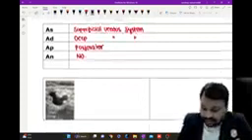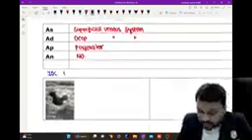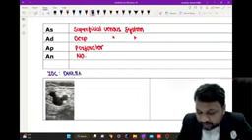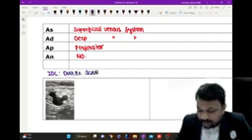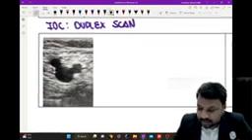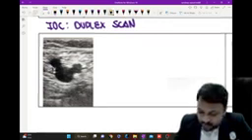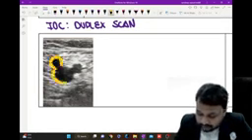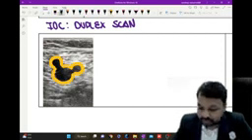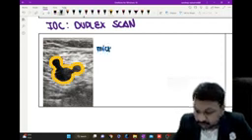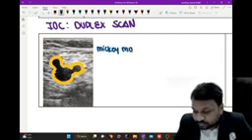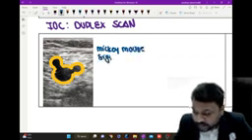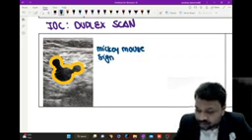When you ask what is the investigation of choice, it is going to be the duplex scan. In the duplex scan, you get this very characteristic image, and this is what we call the Mickey Mouse sign.